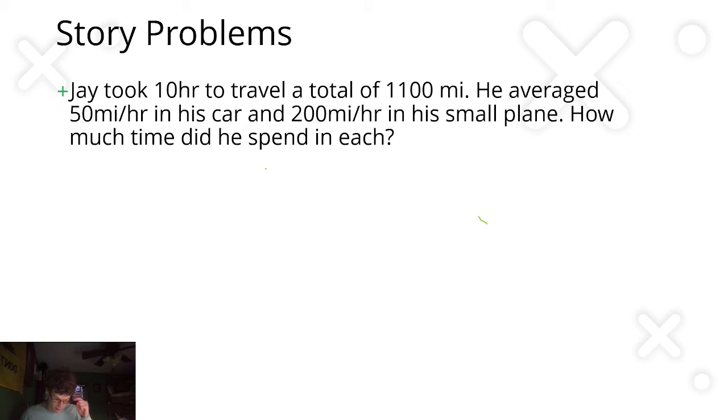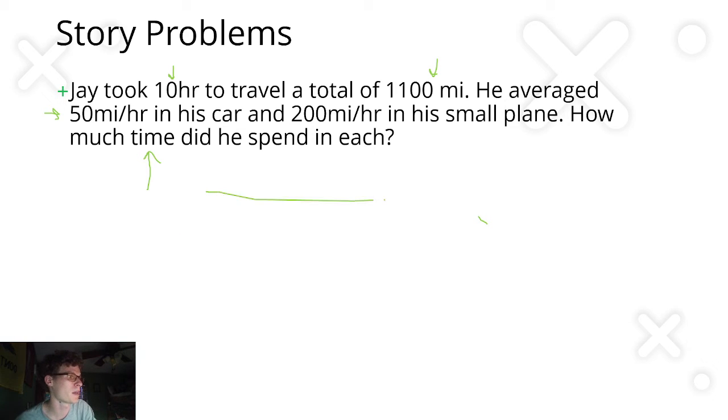We have 10 hours, 1,100 miles, and 50 miles an hour. We know the distance of 1,100 miles and the rates of 50 miles an hour and 200 miles an hour. What we don't know is the time. The time is what we're trying to figure out.